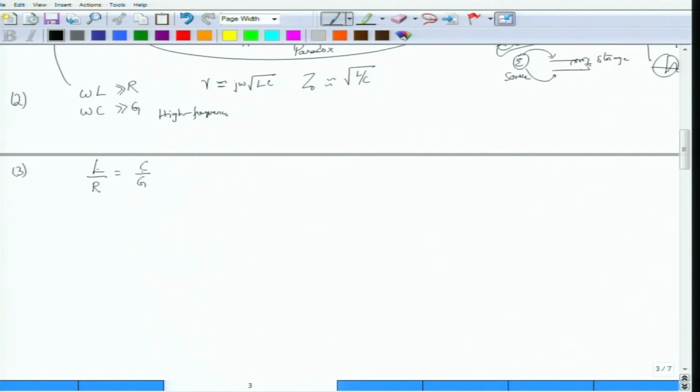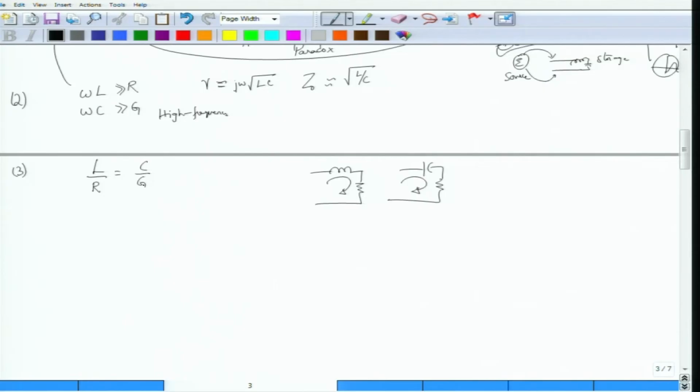L by R is the time constant for an RL circuit, right. So, for an RL circuit, the charging time is characterized by the time constant L by R, and similarly for a capacitive circuit, the charging time is characterized by C by G, and 1 by G is kind of R, therefore, this is the RC time constant.